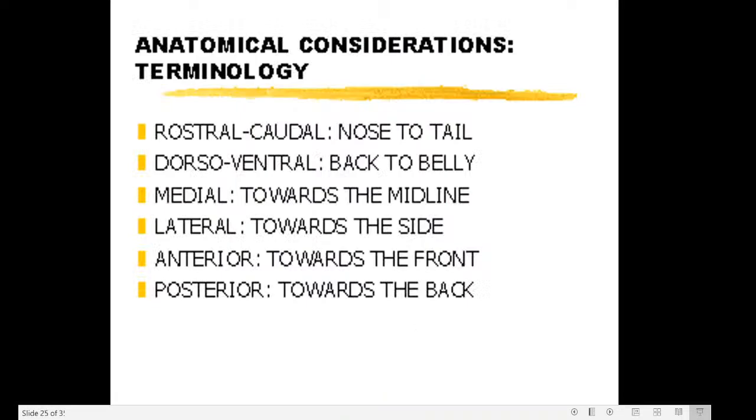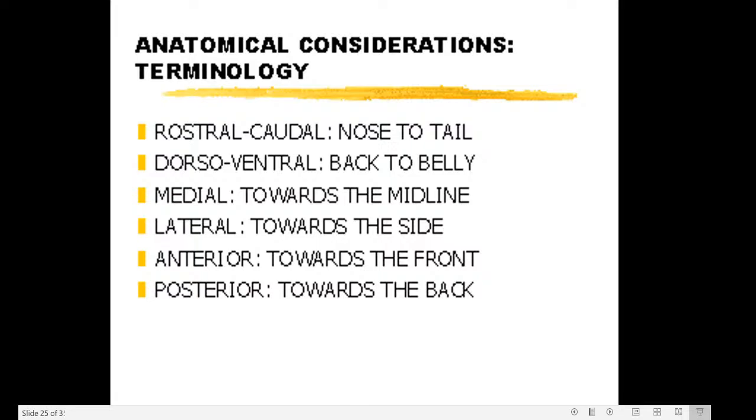And in the anatomical way we have different terms. Rostral and caudal: rostral is the nose and caudal is the tail. Dorsal is the back, and ventral is the belly.